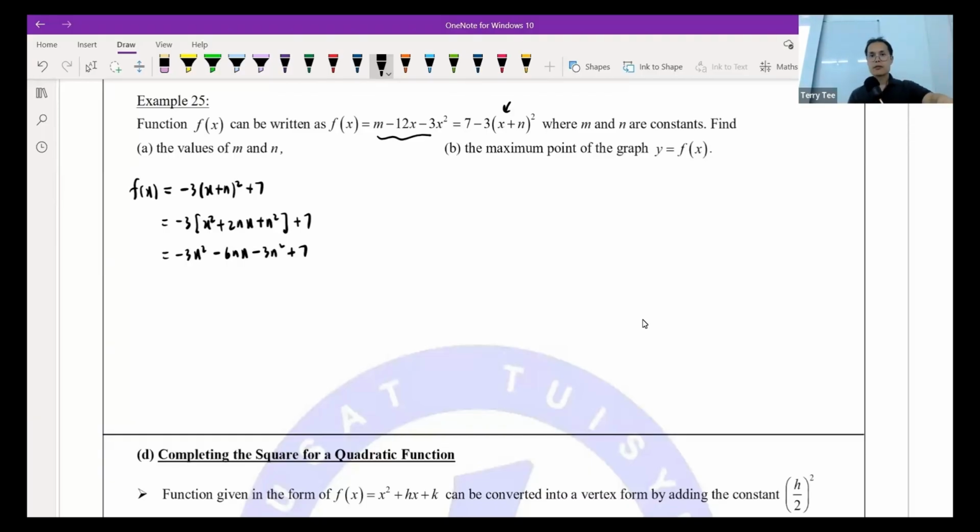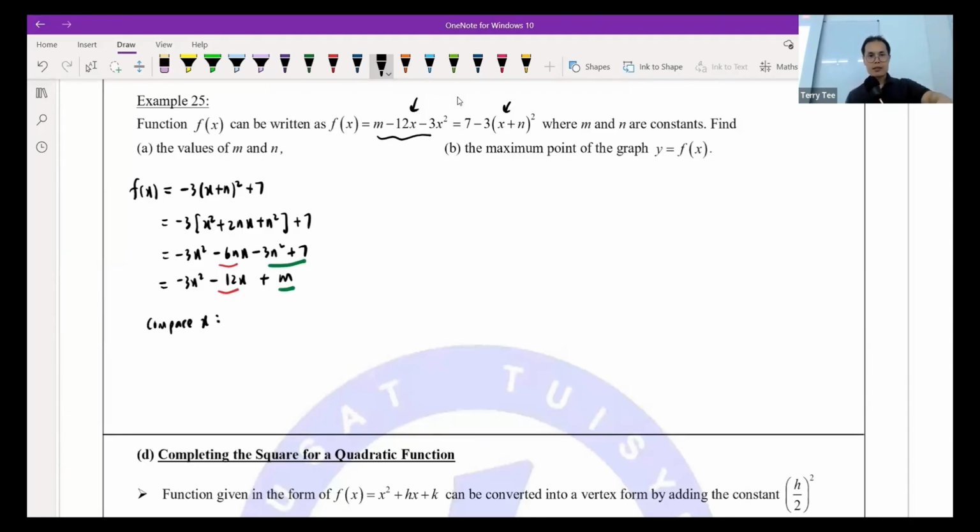And copy the general form here below. Negative 3x squared minus 12x plus m. So to find the values of m and n, which is what we want to do, we just compare this and this. We start by comparing the coefficient of x.